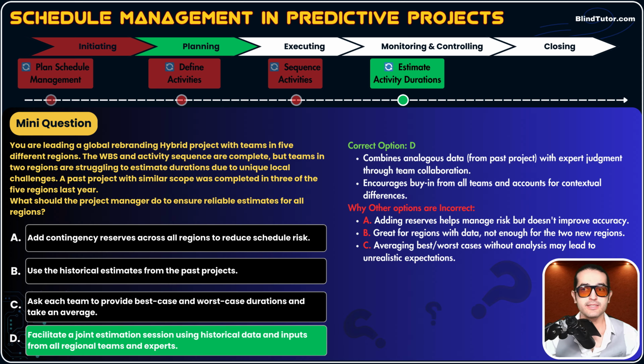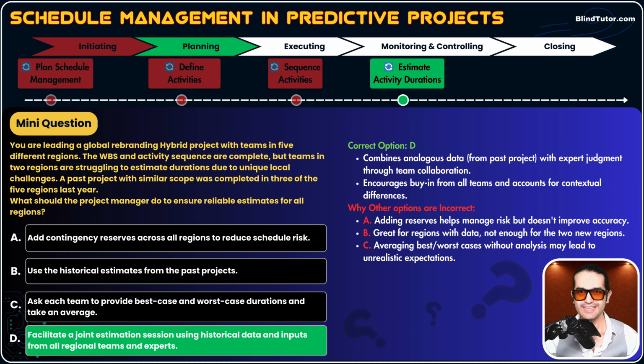Option D combines analogous data from past projects for 3 of those regions with expert judgment through team and expert collaboration. Option D encourages buy-in from all teams and accounts for contextual differences. Guys, what's buy-in?